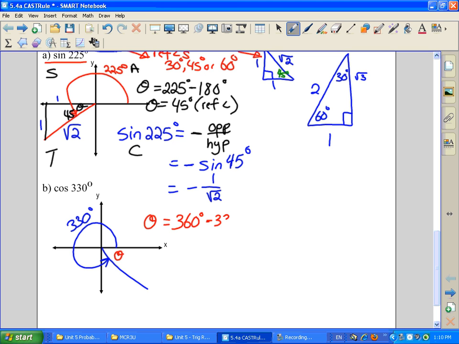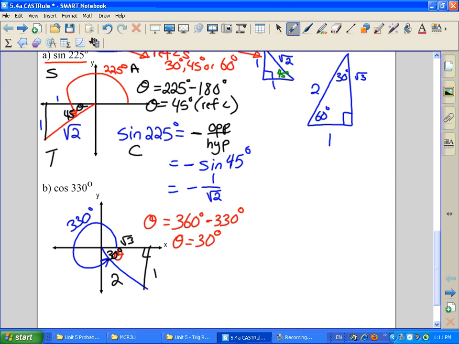Subtract 330 degrees. So theta in this case equals 30 degrees. Okay, so what we can do, folks, is we can put in 30 here. Okay, draw a triangle, 90-degree right angle. You should remember beside the 30 degrees is your root 3. This is your 2, and this is your 1.